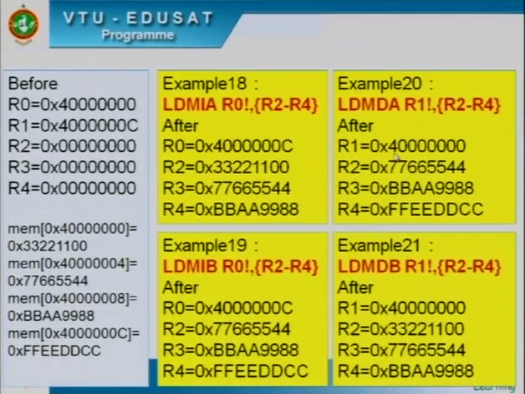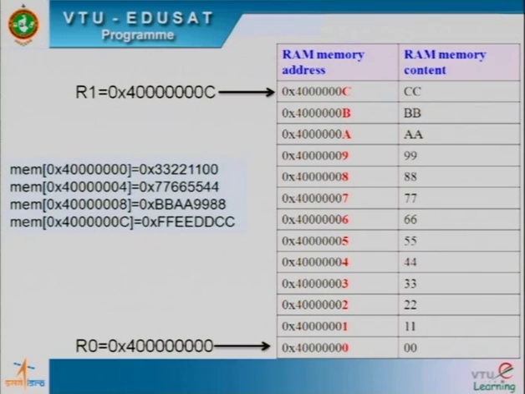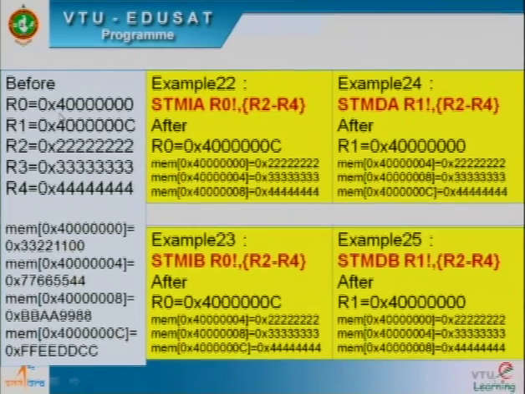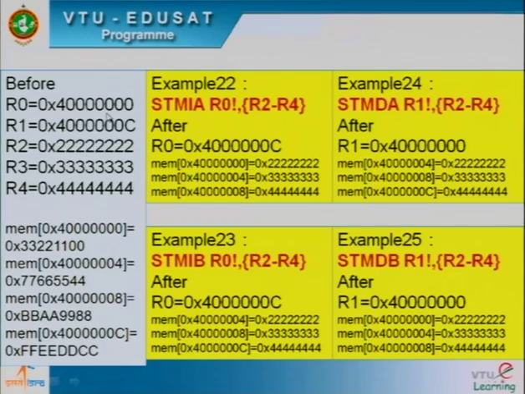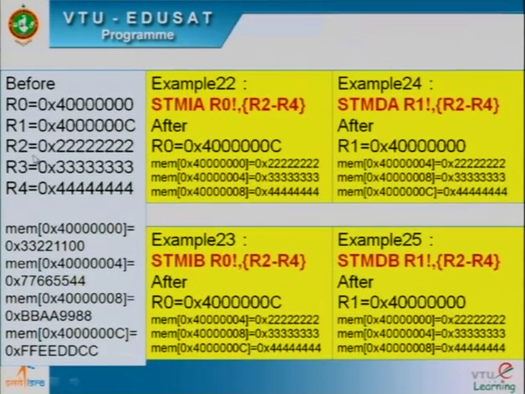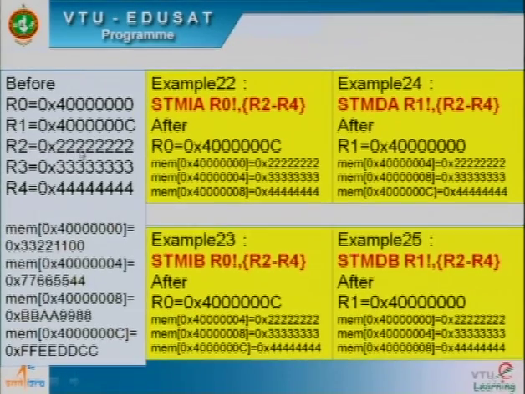Now we will look at the same memory structure with the store instructions, the multiple store instructions. R0 holds 4 followed by 6 zeros and 0. R1 holds 0x4 followed by 6 zeros and C. R2 holds the value 0x2 followed by eight 2s.